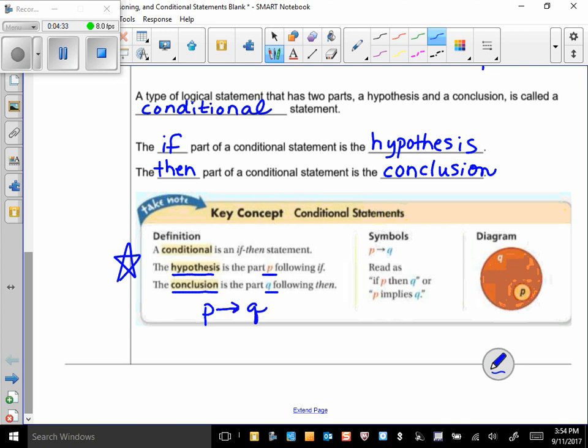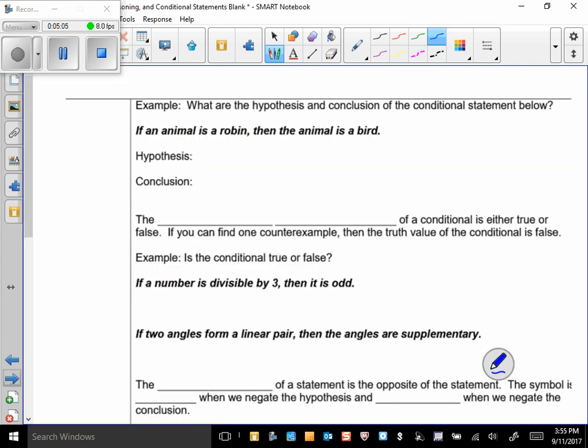The way I would say that is if P then Q. P is your hypothesis, Q is your conclusion, and as you can see, we can represent this conditional statement with a Venn diagram, and the hypothesis will always be inside of the conclusion. If P is true, then Q is true. Okay? I promise, if you're confused now, you're going to get a lot of practice, and I think things will get really cleared up for you.